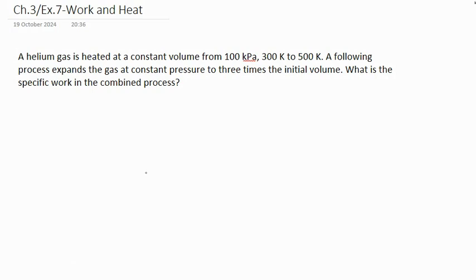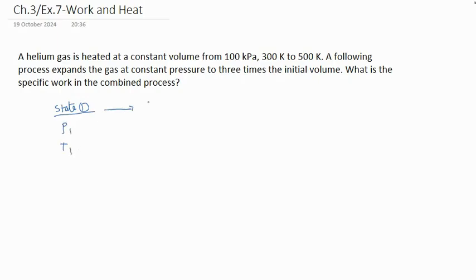Good day everyone. So here we have a helium gas that is heated first at a constant volume and then expanded at a constant pressure. So we have here two stages or two processes. State 1, we had a P1, T1.